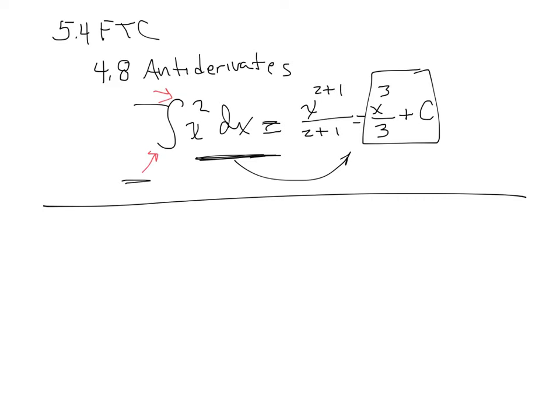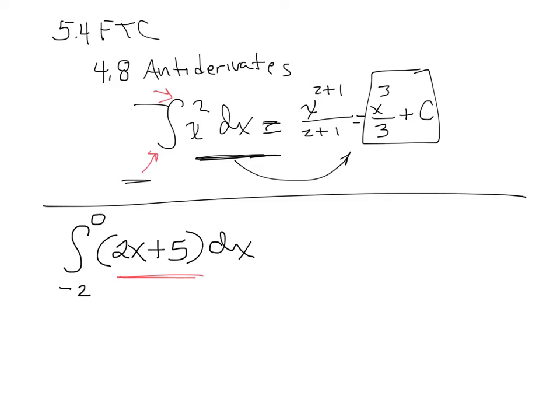So if I have something like the interval from -2 to 0 of 2x plus 5 dx, remembering that what you're doing is actually finding area underneath that function. And the fundamental theorem of calculus says you can do that by first finding the antiderivative.